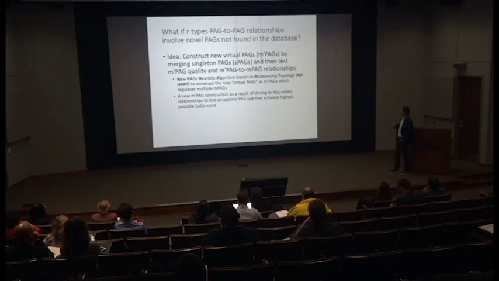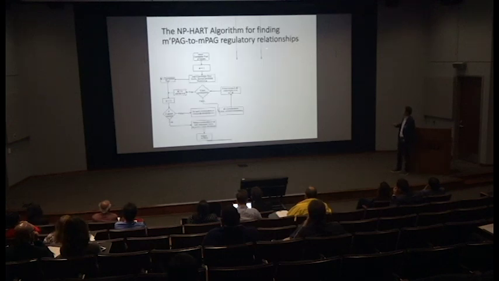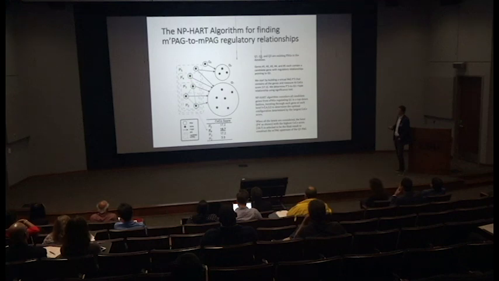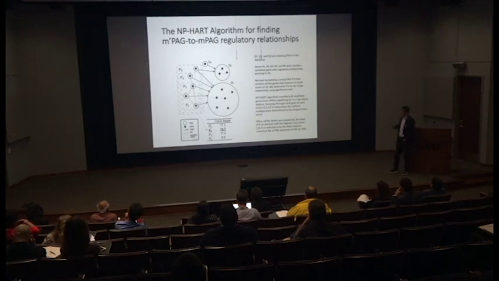We call them virtual PAGs, something that nobody else has reported, but through this relationship finding, we thought that it makes sense to bundle them together. So that paper comes up with an algorithm to find this virtual PAG to PAG regulatory relationship by iteratively looking at all of these loose upstream PAGs and seeing whether we can combine them together. As we combine them, we want to preserve the co-expression or biological cohesion relationship among genes inside these virtual PAGs.